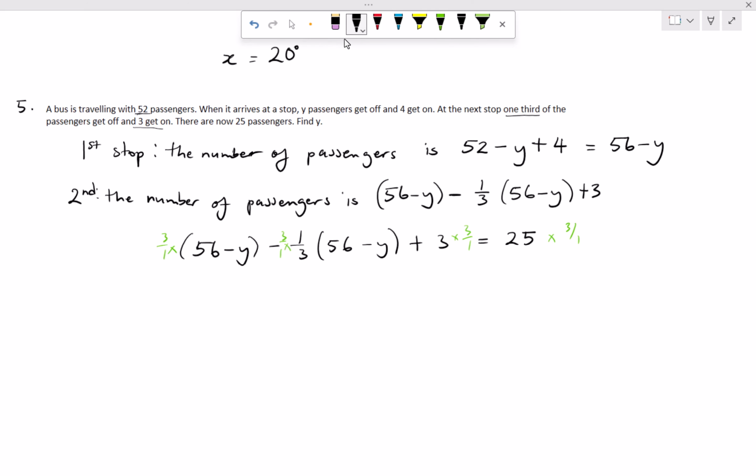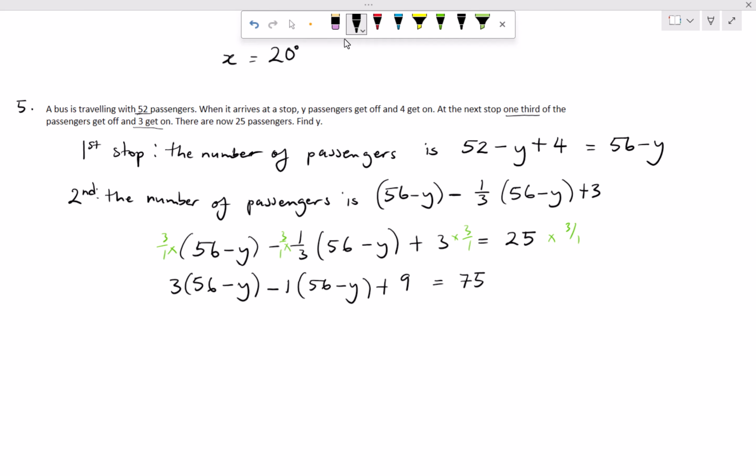And when we do that, we end up with 3 multiplying 56 minus Y, minus, we've gotten rid of the fraction here, so we have 56 minus Y plus 3 times 3, that's 9, is equal to 25 times 3, that is 75.